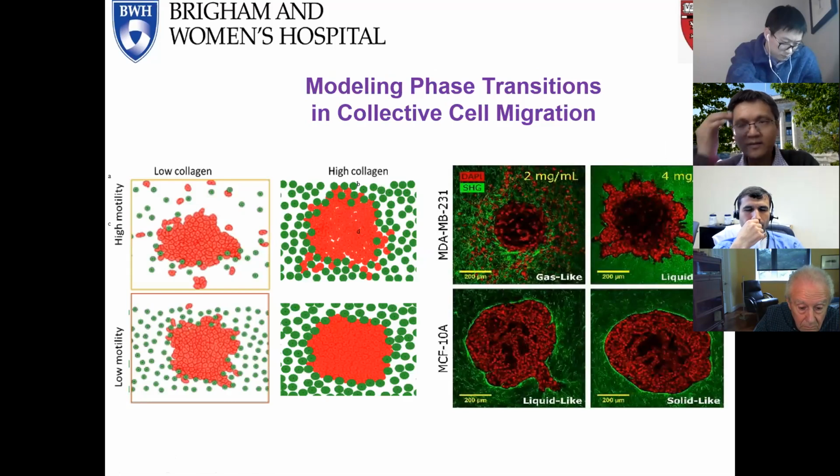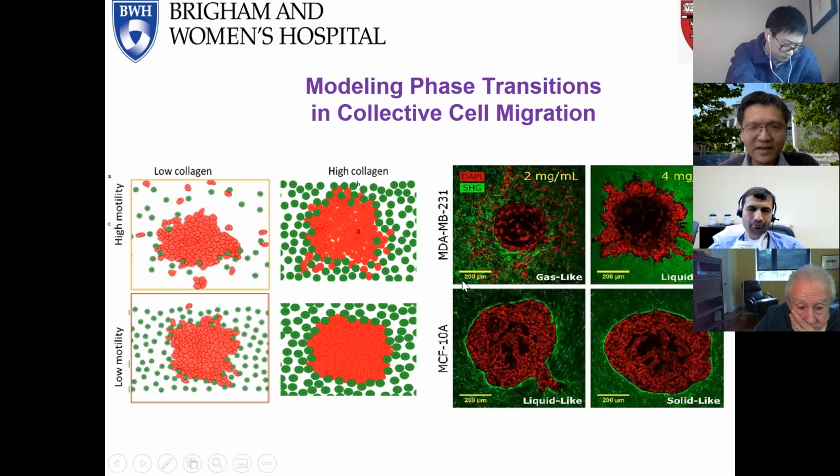Yeah, and in collaboration with Jeff Freiberg, Mingo, and Muhammad Zaman, we have also been modifying our model to validate their experimental findings.